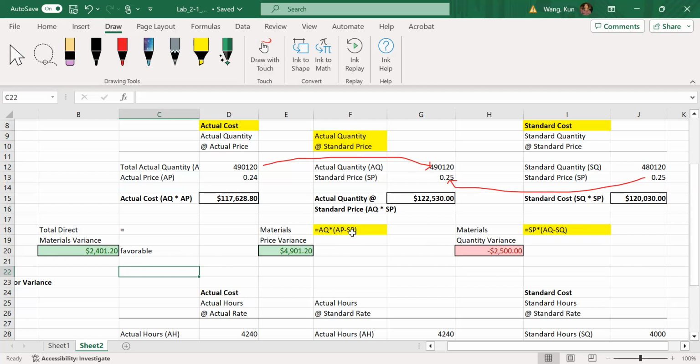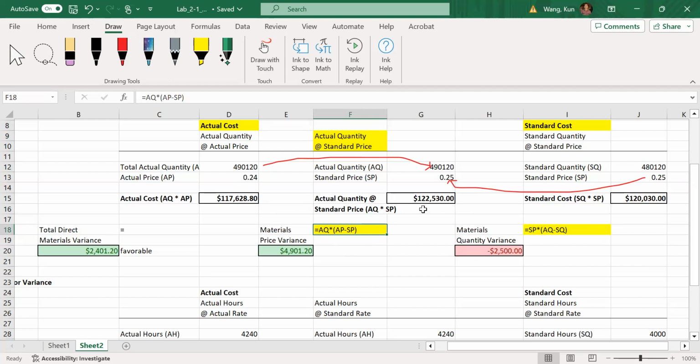It's not in the tutorial or in the instruction. I put it here to help you warm up, right? When we identify the price variance, you must compare the actual price per square feet with the standard price per square feet, but based upon the actual total quantity.